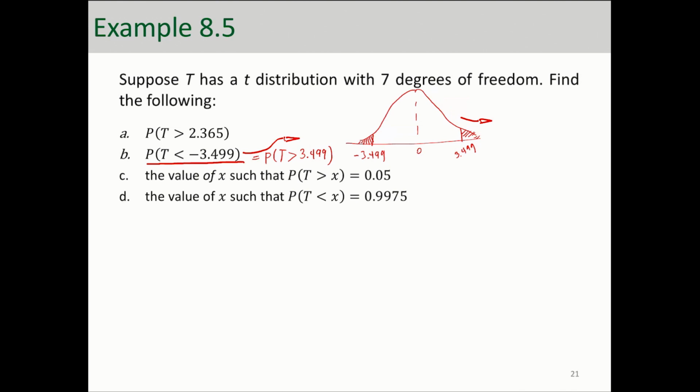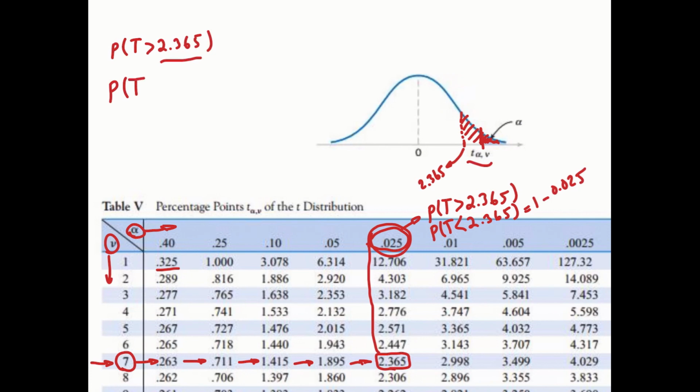So let's do that. We want to find probability of t less than negative 3.499, which is the same as t greater than positive 3.499. Now, we know the degree of freedom is still 7, so we go to the 7th row again and find 3.499, which is here.